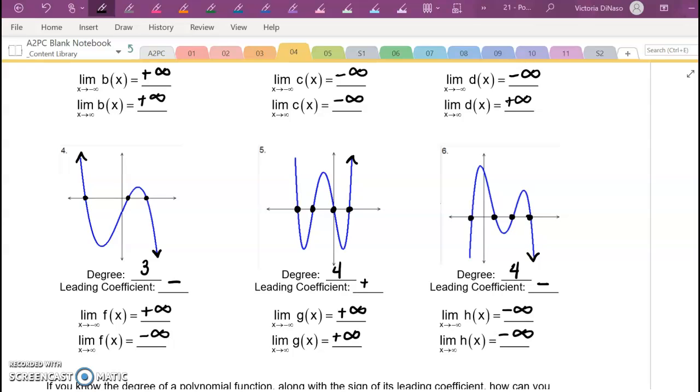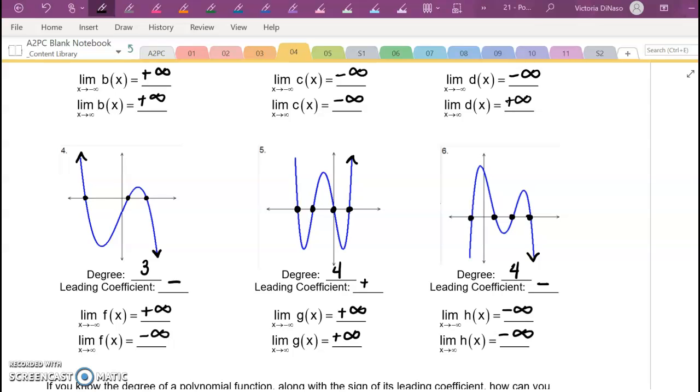For numbers 5 and 6, they both had even degrees, which ironically enough, the end behaviors were either both positive infinity or both negative infinity. And for my leading coefficient, when the leading coefficient was positive, we had an end behavior that was positive, and when my leading coefficient was negative, we had an end behavior that was negative.